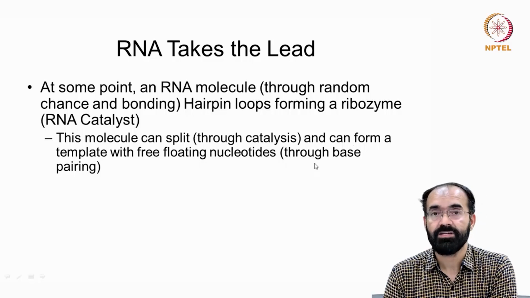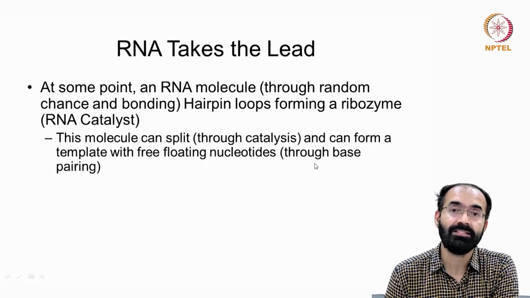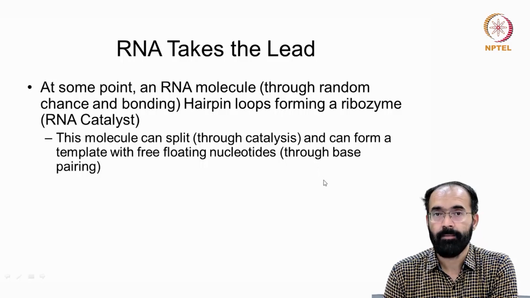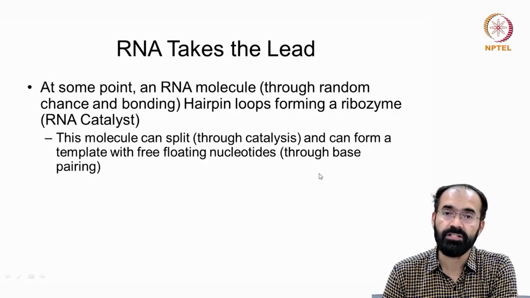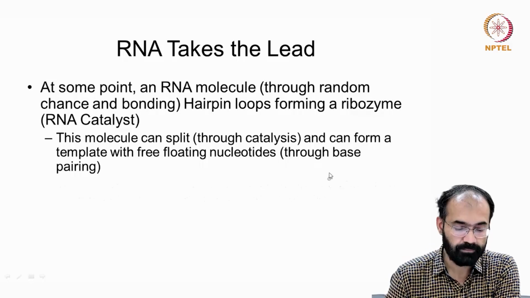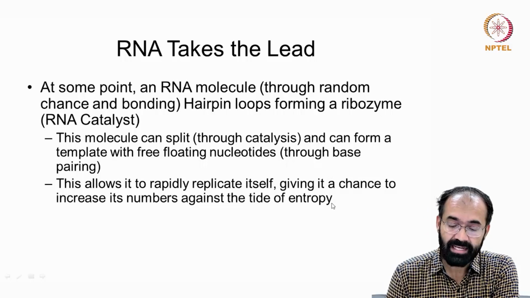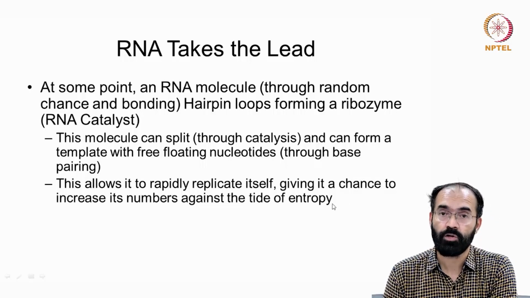As a result, you can end up having a dominant soup of molecules that have this ribozyme, this RNA that has a catalytic role. So this dominance is allowing the propagation of this group of RNA molecules. This allows it to rapidly replicate itself, giving it a chance to increase its number against the tide of entropy.